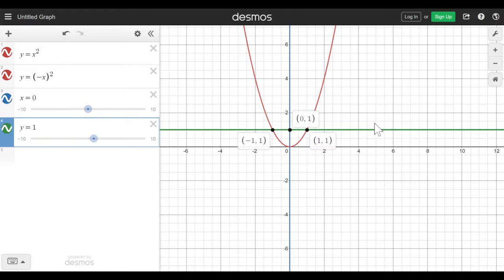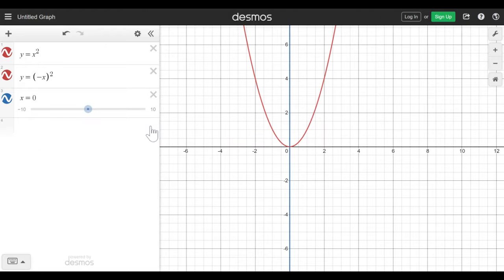So actually it's the same distance. Again, from the line of symmetry going to a point to one of the side of the parabola is the same distance going to the other side of the parabola. So that's symmetry there. Okay. So in this case, the line of symmetry is on y-axis.